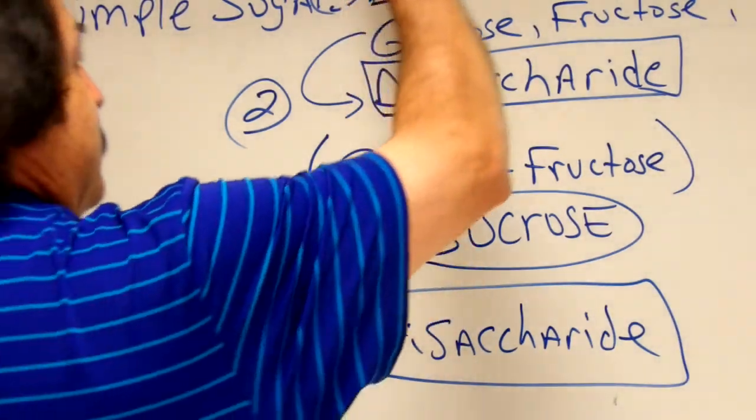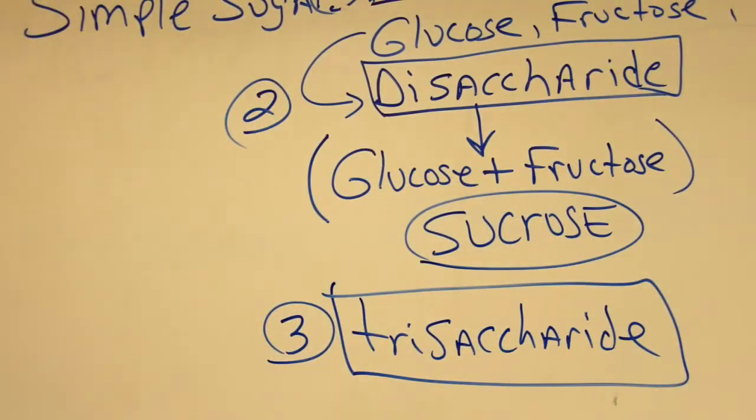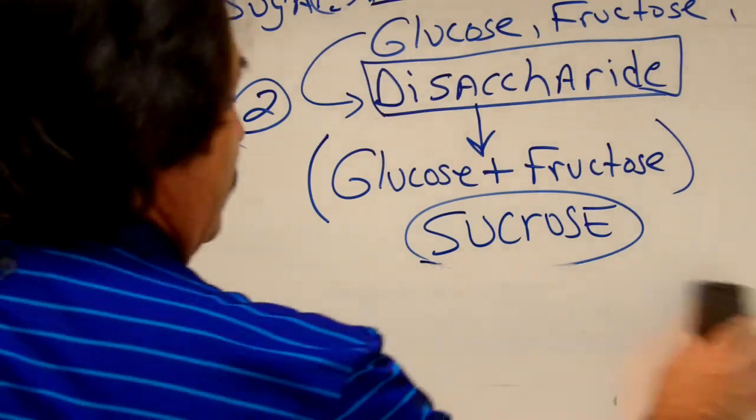Try to keep these consistent so you can see that. Mono, di, and tri. All of these words are very similar, and you will need to know all of those. Let me try and show you a little bit of structure.